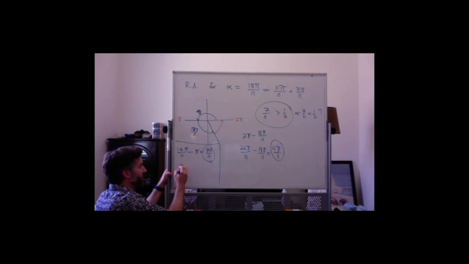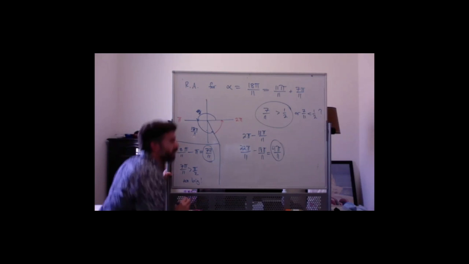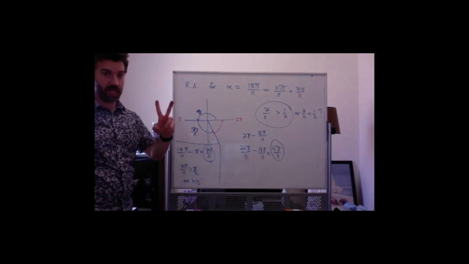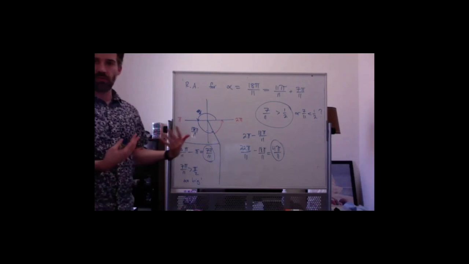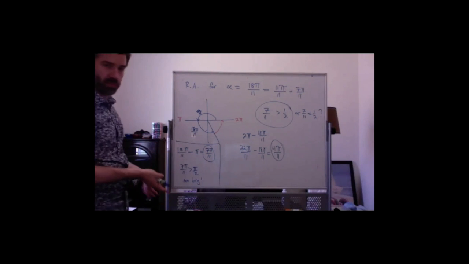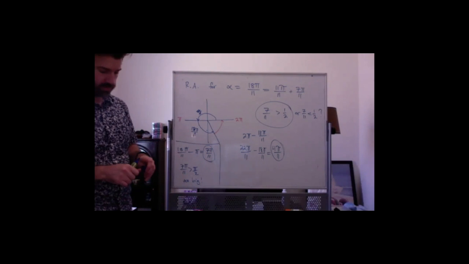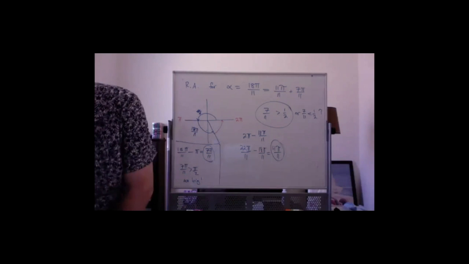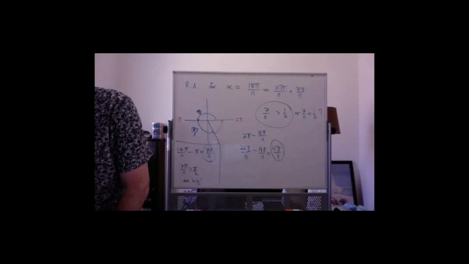This angle is definitely bigger than pi over 2, which is too big. So if you get a reference angle that's too big, it means you have probably imagined your angle terminating in the wrong quadrant.